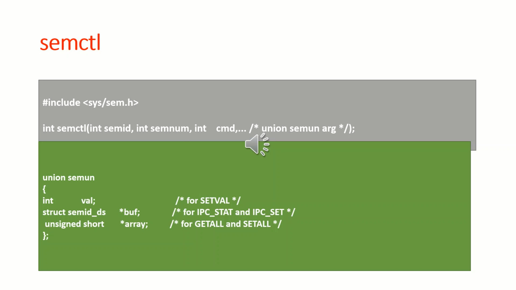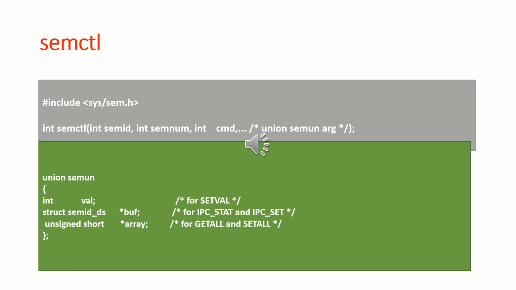The fourth argument is optional depending on the command requested, and if present, is of type semun, a union of various command-specific arguments. The union named semun includes an int val for SETVAL, a struct semid_ds buffer for IPC_STAT and IPC_SET, and an unsigned short array for GETALL and SETALL.